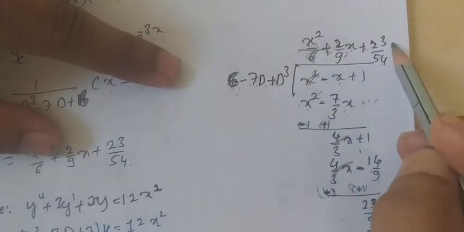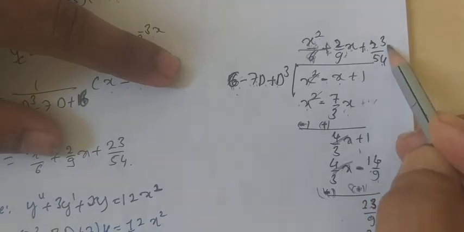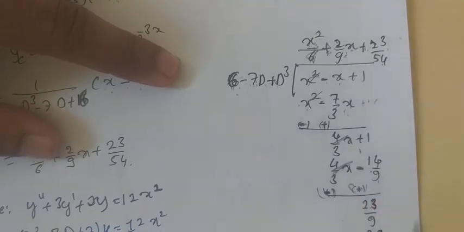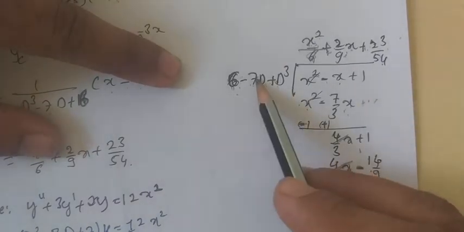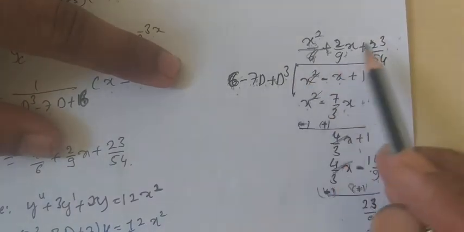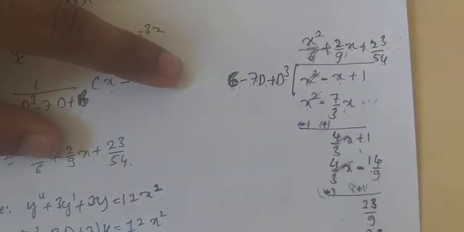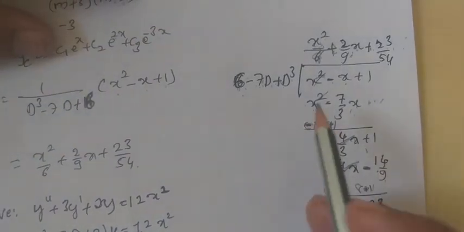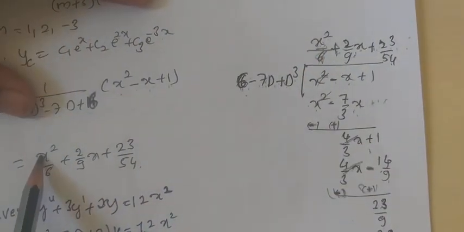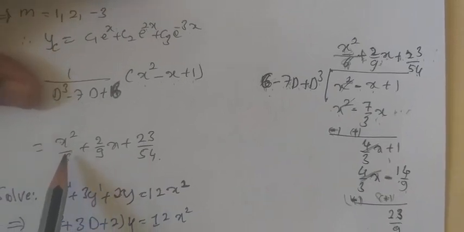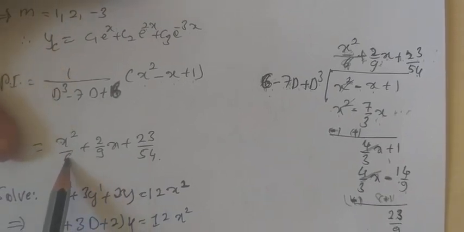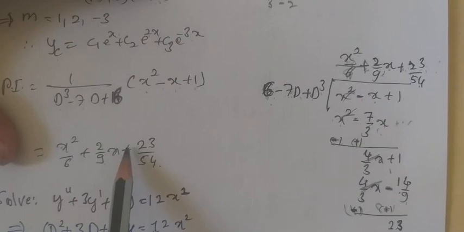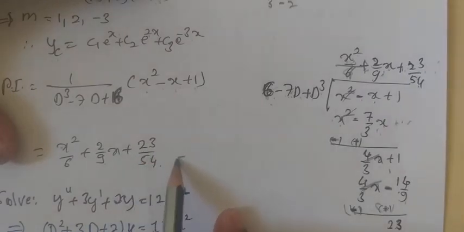If you multiply this and this, 6 ones are 6, 6 nines are 54, you will get 23 by 9. So if you operate this, that will be 0. If you operate this, that will be 0. So nothing to worry. This becomes minus, so this is 0. So the remainder is 0. Therefore the required PI is x square by 6 plus 2 by 9x plus 23 by 54. This is not the solution.